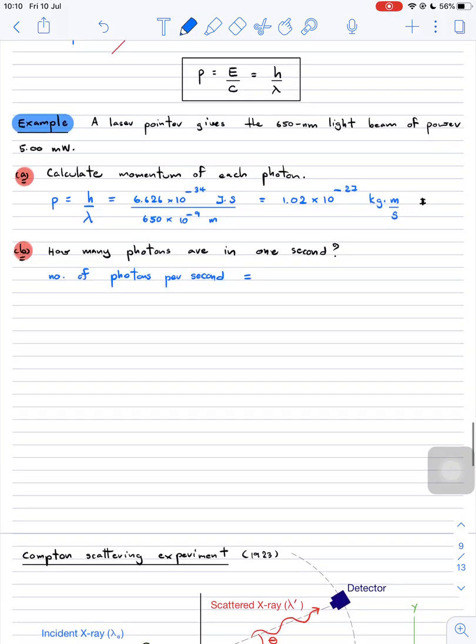Equal to the power of the light beam over the energy of each photon.